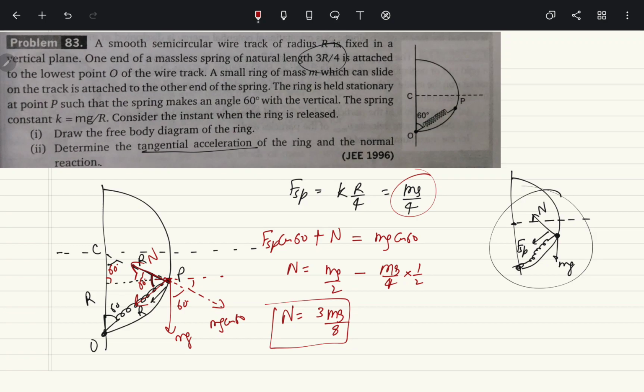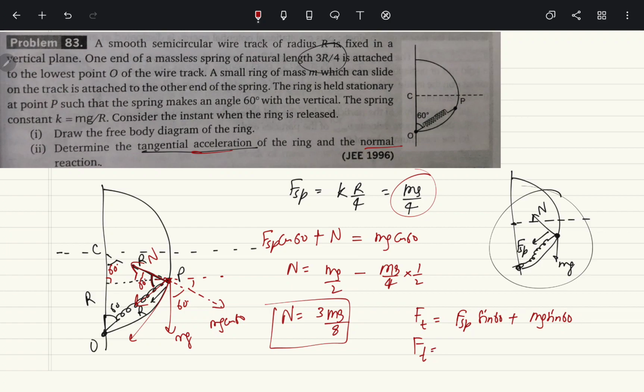Now the normal is done. So now we'll calculate the tangential acceleration. For that we need to take components of forces along the tangent. It's kind of simple now. The net tangential force has two components: the spring force times sin 60, plus mg sin 60.